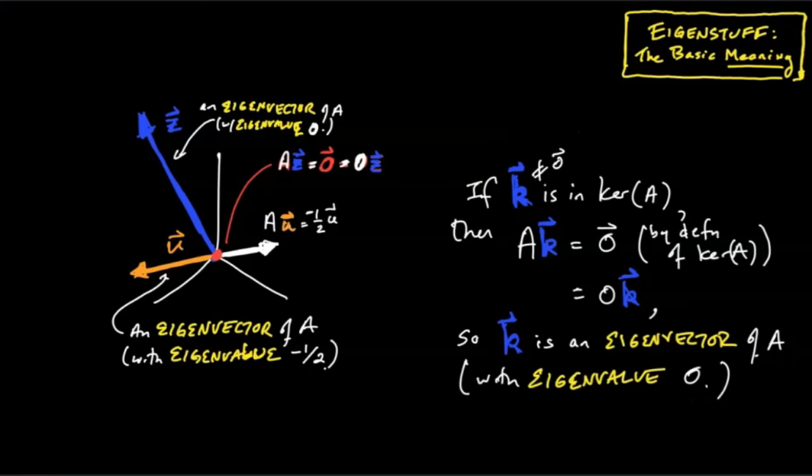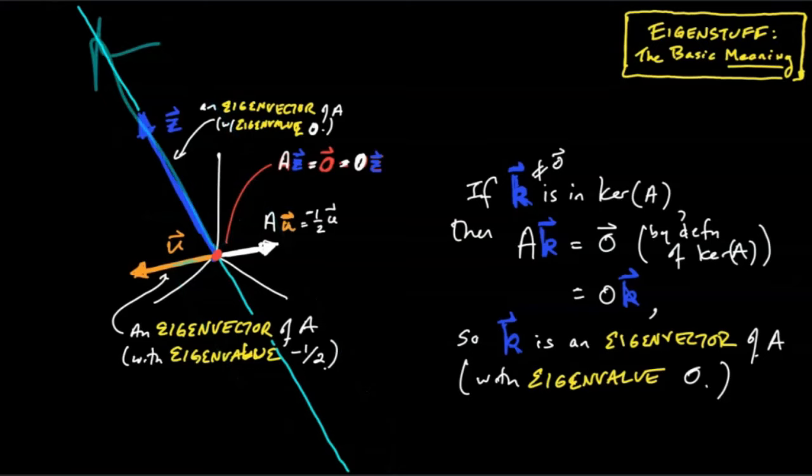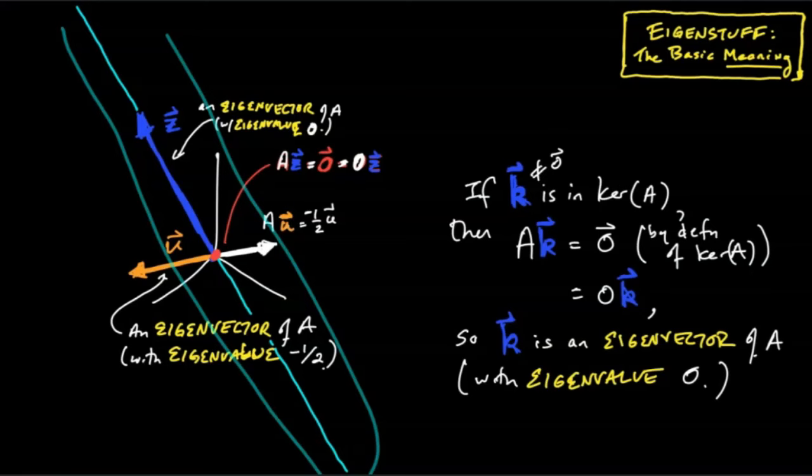Good, so we've just concluded that every non-zero vector in the kernel is in fact an eigenvector of A with eigenvalue 0. So there's not just one vector that gets mapped to 0, there are going to be infinitely many of them. In particular, every vector on this line through the origin that contains vector z, this vector, and this vector, and this vector, they all must be eigenvectors with eigenvalue 0, because whatever the kernel of A is, it's a subspace, and the smallest subspace it could possibly be would be a one-dimensional subspace, namely this line through the origin containing vector z.